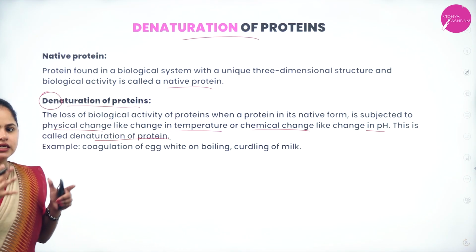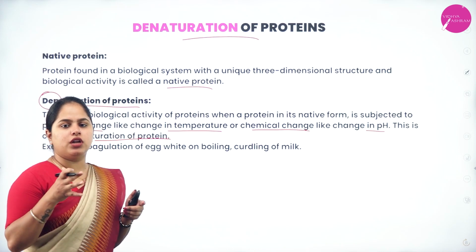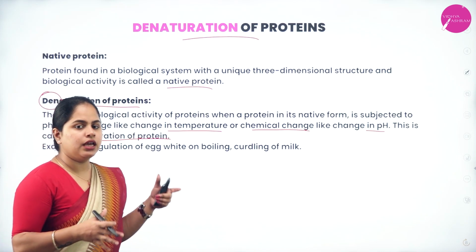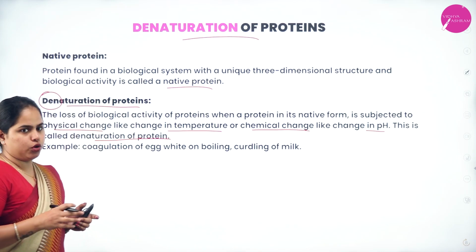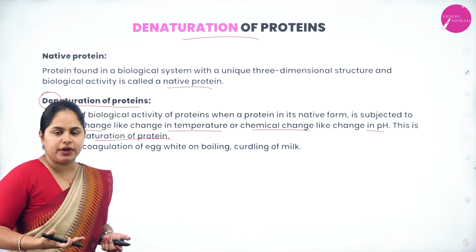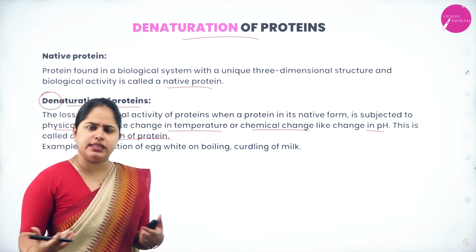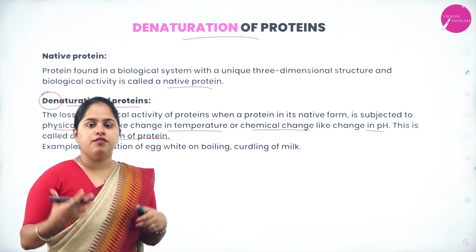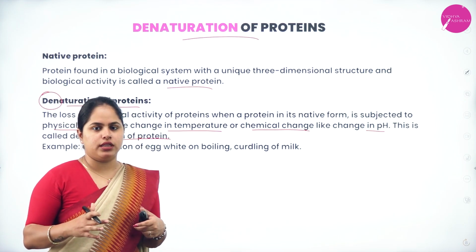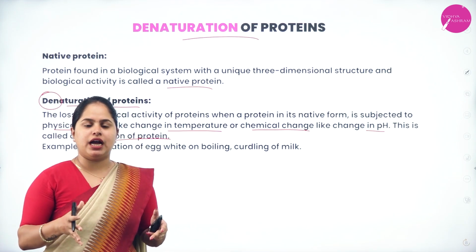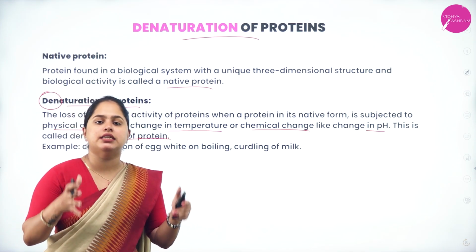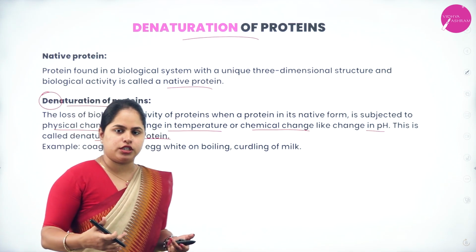So in its own state with its particular function and biological activity, that protein is called a native protein. By altering the temperature or pH or any other chemical or physical factors, we can denature the protein. That means its biological activity or its nature is being disturbed. That is called denaturation of protein.